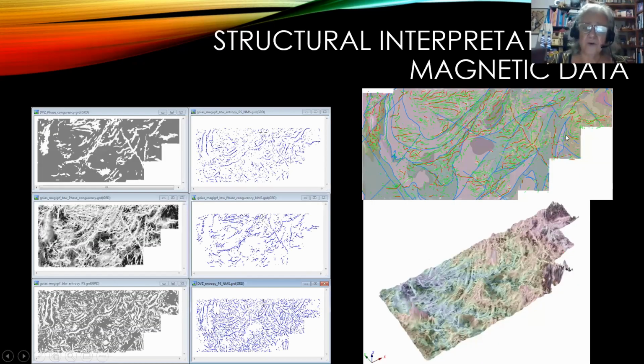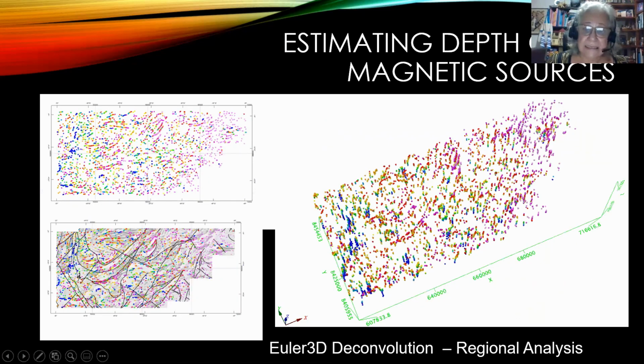Then you can also use other filters and techniques to do the structural interpretation. And this is the CET filter analysis, the Euler 3D deconvolution that will give the depth of the sources, so estimate the depth of the sources.